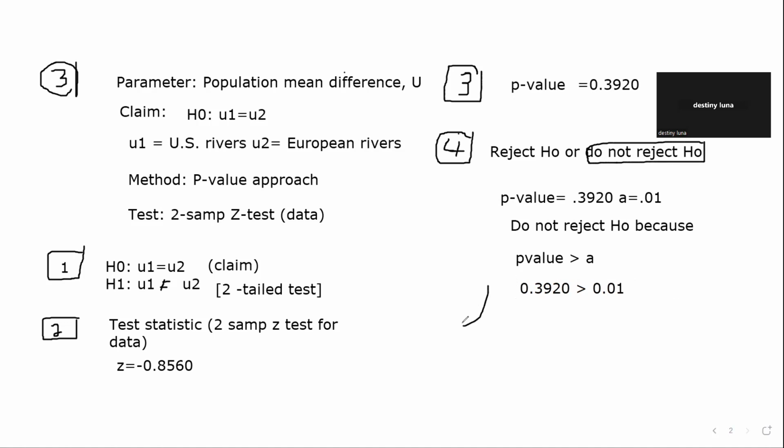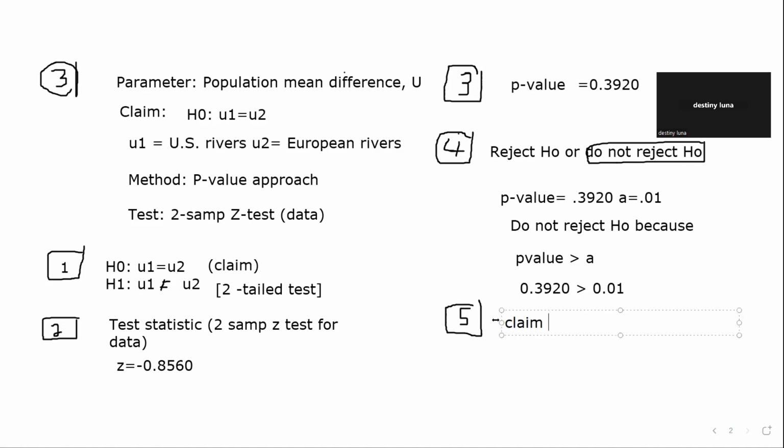And step 5 is going to be we write our summary. Summary still works the same, so pay attention to what your claim is and what your decision was. So step 5, remember for your own sake, let me write this in. This is my summary.